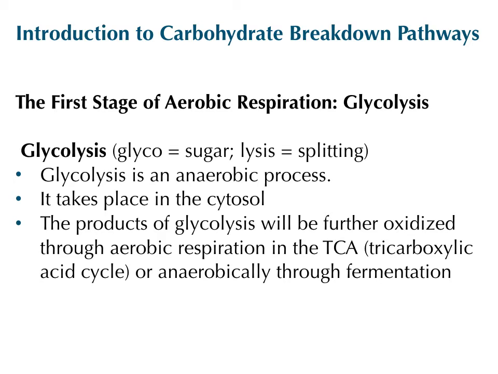So for instance, muscle cells can continue to produce ATP when oxygen runs low using lactic acid fermentation. However, this will often result in muscle fatigue and pain. And so you'll hear people at the gym complaining of the lactic acid buildup in their muscles.